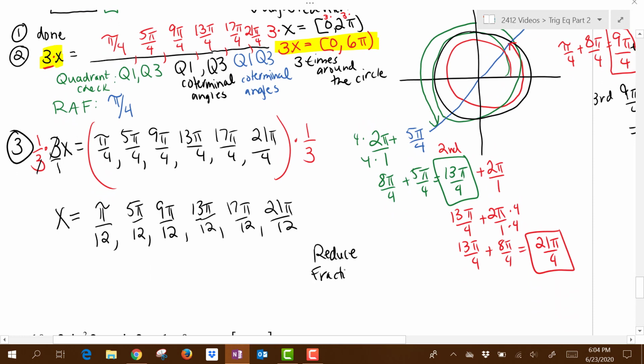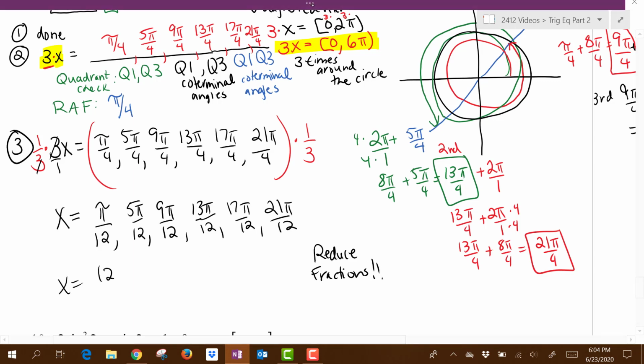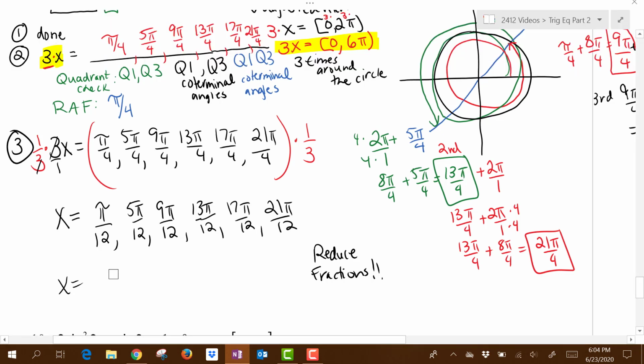Alright, and then the last thing we always do is we always reduce our fractions. So if there's a common factor at the top or the bottom, then we will divide out by that common factor. Let's see, 9 and 12, those are both divisible by 3, so I get 3 pi over 4.